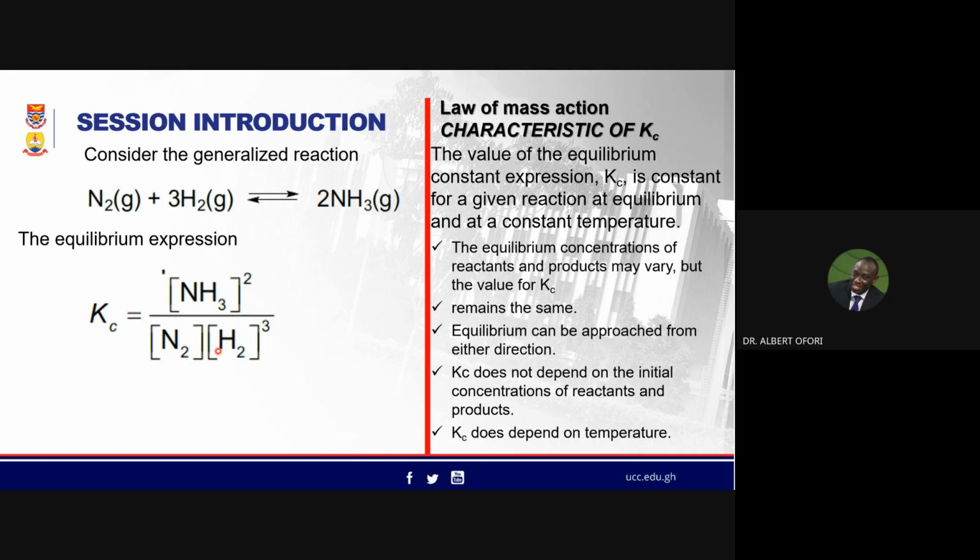Unless equilibrium is established, we cannot calculate the equilibrium constant. Is that okay? So when we are calculating these concentrations, going closer down, these concentrations which you are seeing here are equilibrium concentrations. Are you okay?